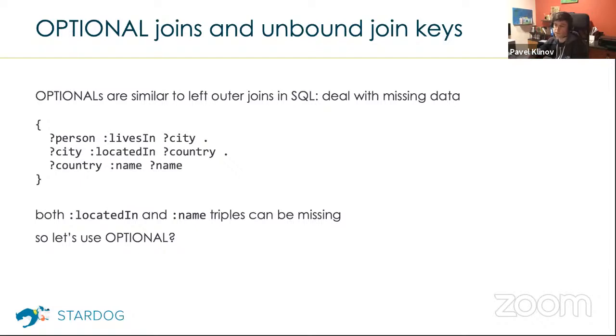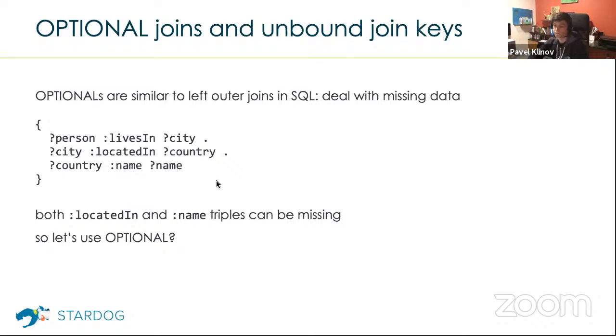So in this example, in particular, we have a query which matches people and cities where they live using the lives in predicate. For the cities, it matches the country using located in, and for the country, we want to know the name of the country.